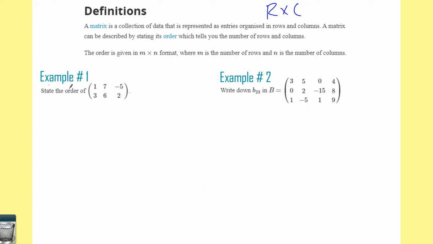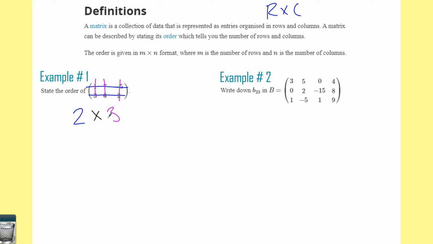For example 1, rows are like a rowboat, so we have 2 rows, and columns, like the Colosseum, are going to be vertical. So we have 3 of those. So our order is a 2 by 3: 2 rows by 3 columns. If you put 3 by 2, it is completely wrong.